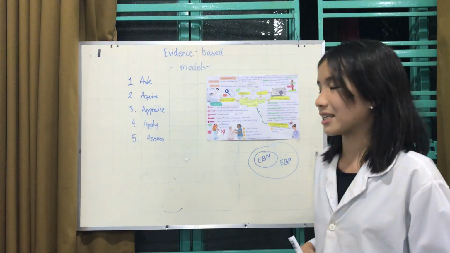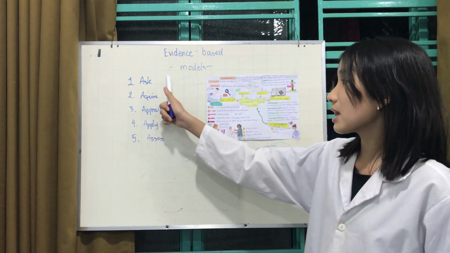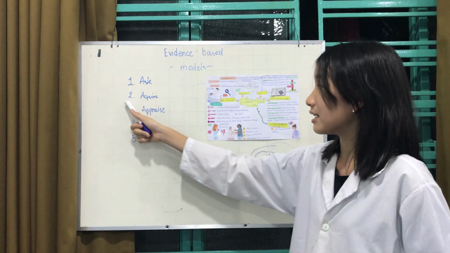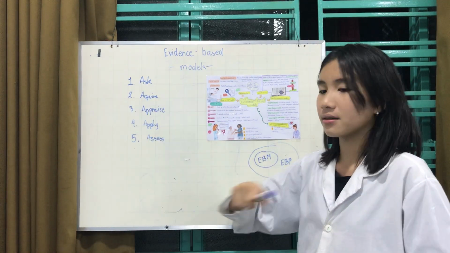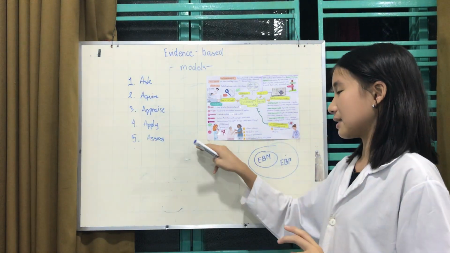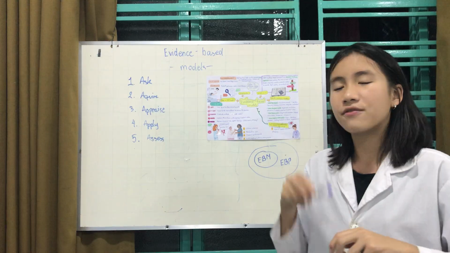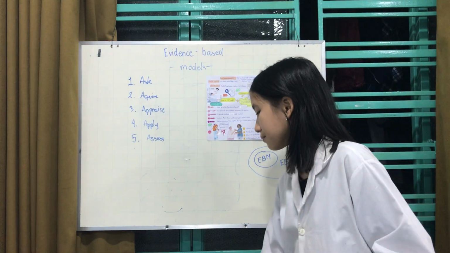So its efficiency. And that is for the 5 main A's. Firstly, we need to ask, then I need to acquire that information, appraise, apply that, combine all of those 3 components together, and finally assess that outcome to see if it is the best possible decision.